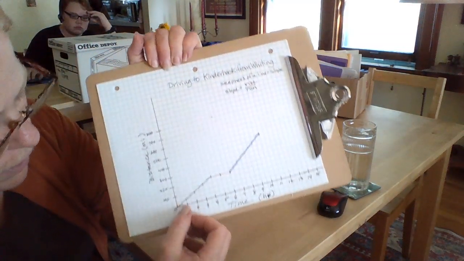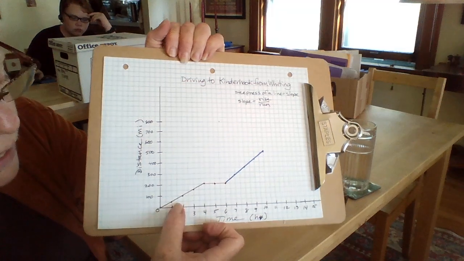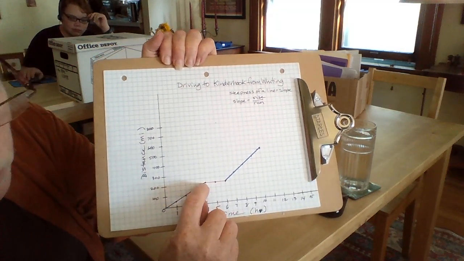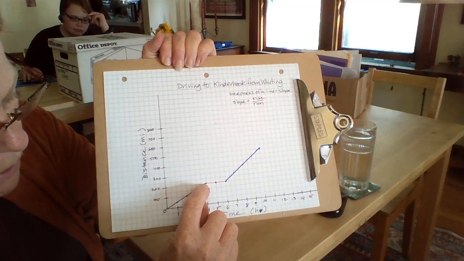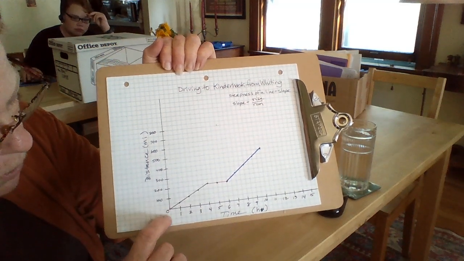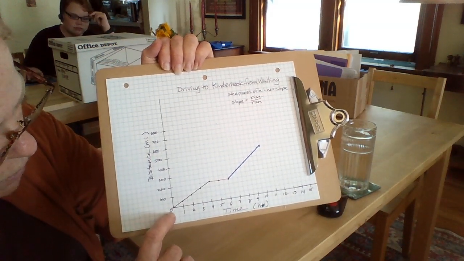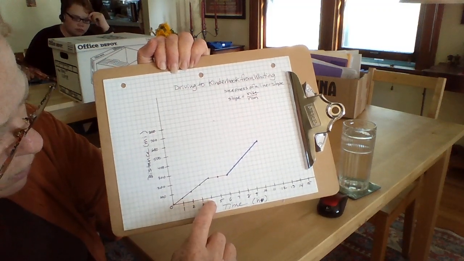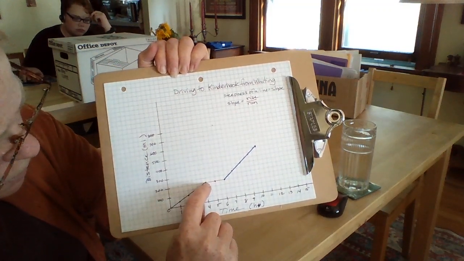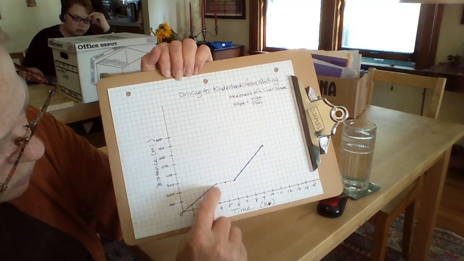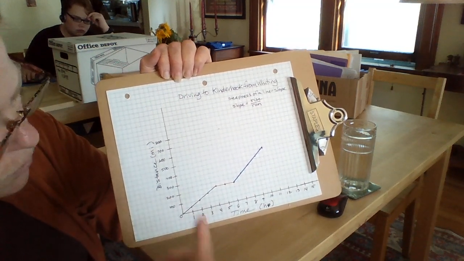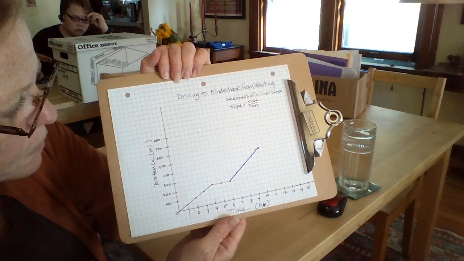So just for the fun of it, let's look at our first line, our black line, and let's use our first point and our last point. Okay? Our first point is the point 0, 0. It's 0 hours, 0 distance. And our last point is point 4, 200. 4 hours, 200 miles. We always say the x first and the y second.